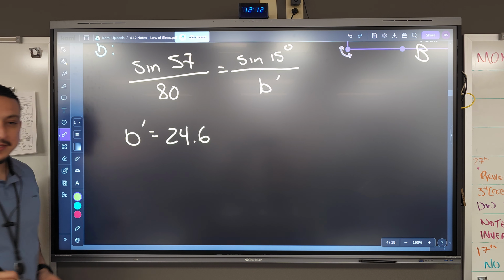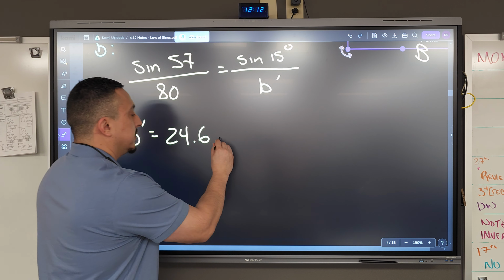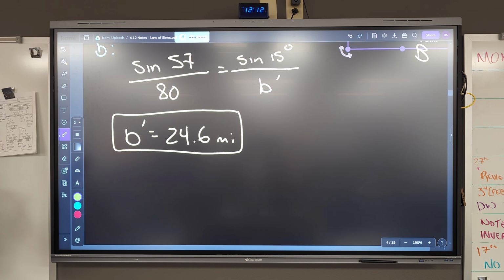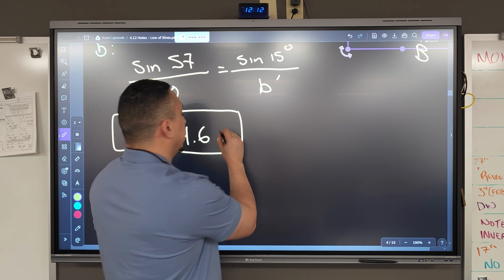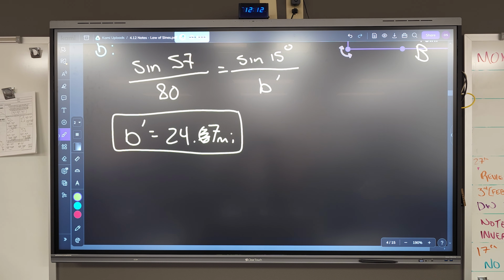Get some confirmations just to make sure. Yes, I see your head shaking. If you get a different number, check with your neighbor. Usually it's that you typed it in wrong. It would be 24.7 if you round. We're going to round to the nearest tenth.